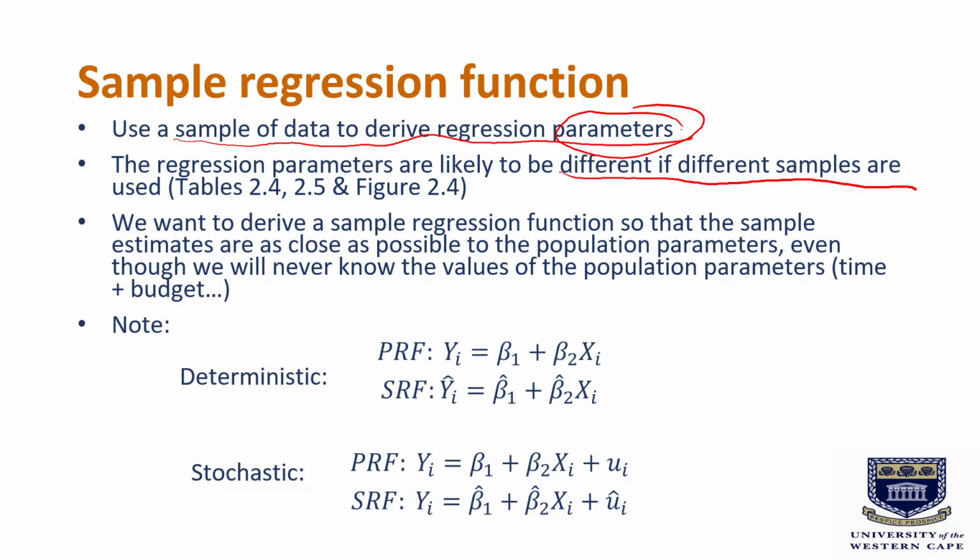Okay, so there's just a note on notation. When we talk about the population regression function, or PRF, we specify it as given over here. When we talk about the sample regression function, we now include a hat on the y, the outcome variable, as well as the parameter estimates.